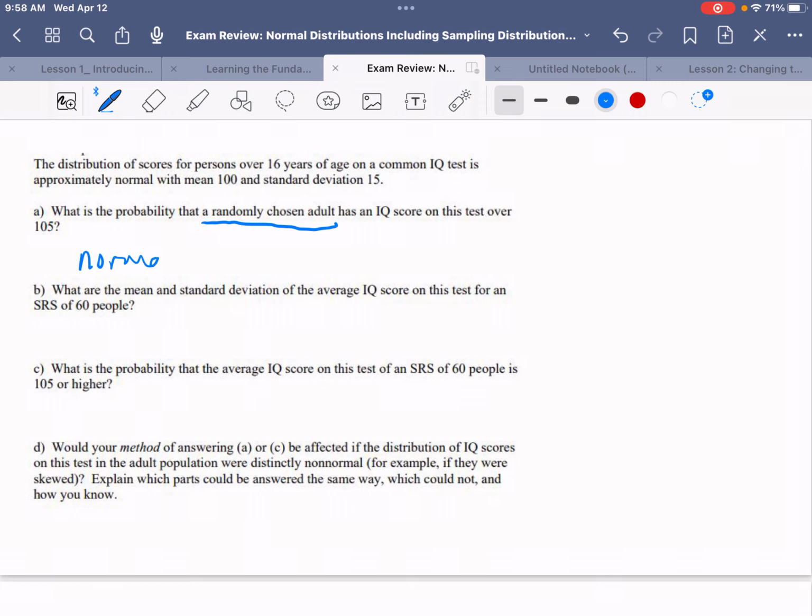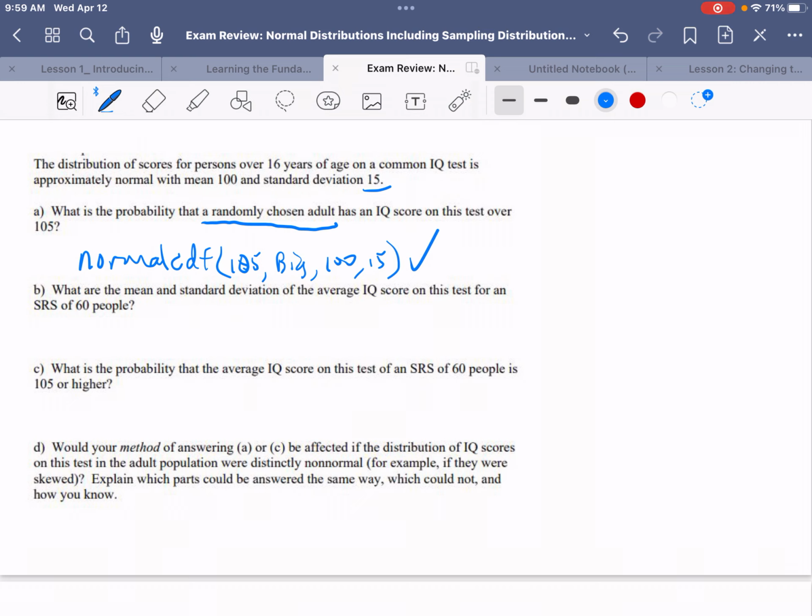Would that be normal CDF 105, big number for the upper bound, 100, 15? That would be correct, because you see this standard deviation of 15 is the standard deviation of the individual IQ scores. And since this is asking about a randomly chosen adult, then 15 is the right standard deviation.